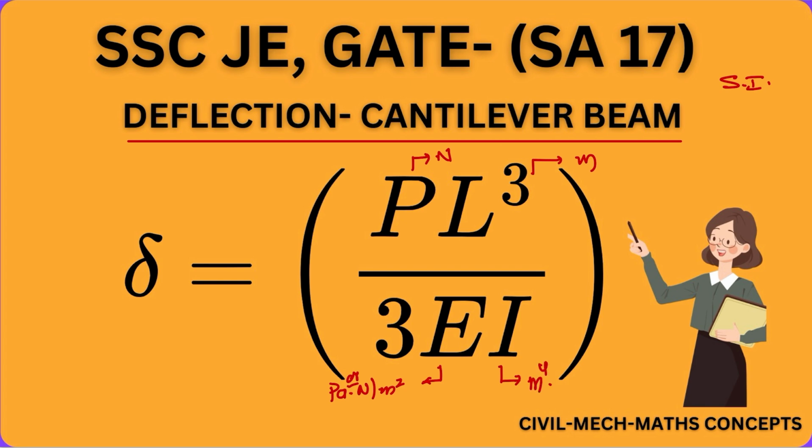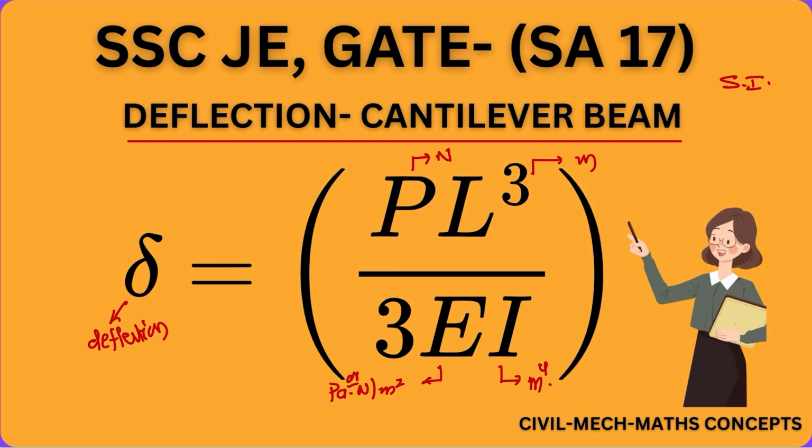Delta is the deflection. Delta is equal to PL cube by 3EI when self weight is neglected. Deflection is equal to PL cube by 3EI.